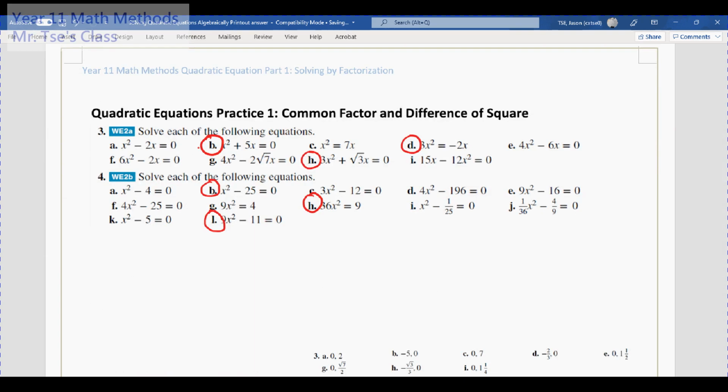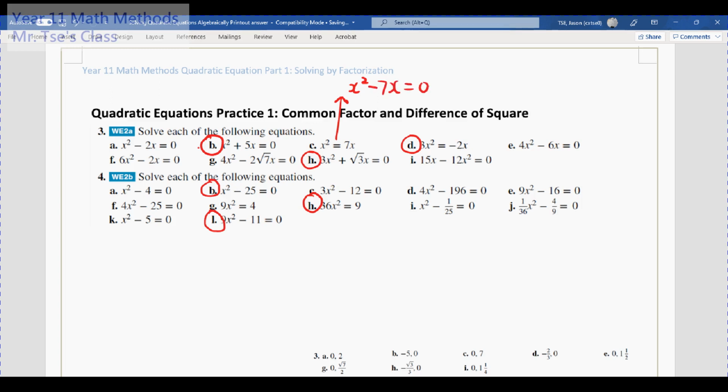So how about this one? I use this one as a quick example, x squared equals 7x. It's a bit different. But remember, once you try to use factorization to solve quadratic equations, you need to get the right hand side to 0 first. In this case, you just need to move that 7x to the left hand side.